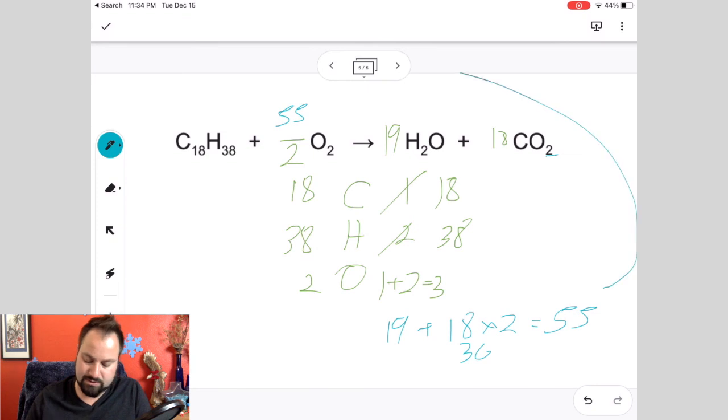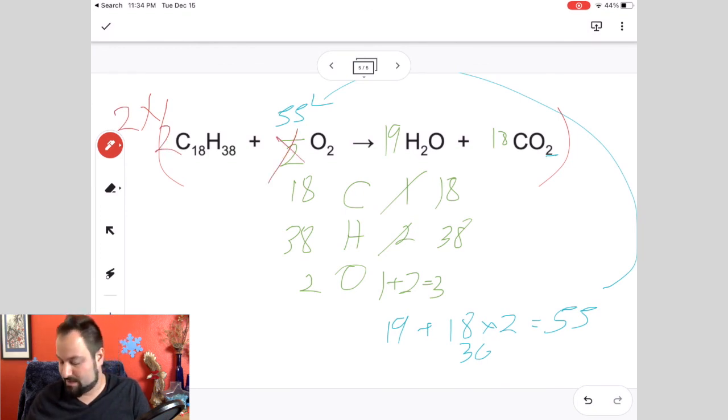That's the amount of oxygens. Is that an even number? No, it's an odd number. It doesn't divide cleanly. What does that mean? Just like we've done this 60 times by now, we're going to multiply by 2. So that means this is 2. This now becomes 55. This is 19 times 2, which is 38. And this is 18 times 2, which is 36. And we are done.